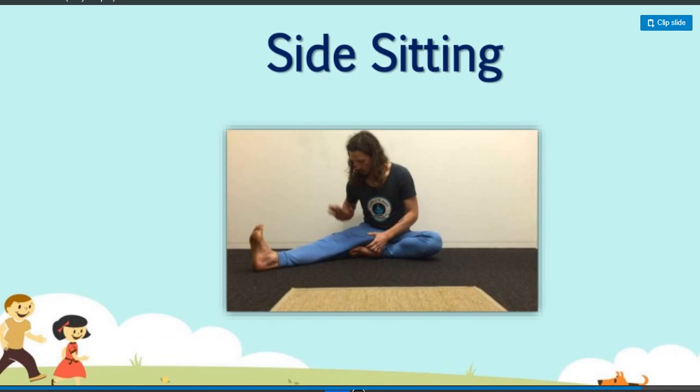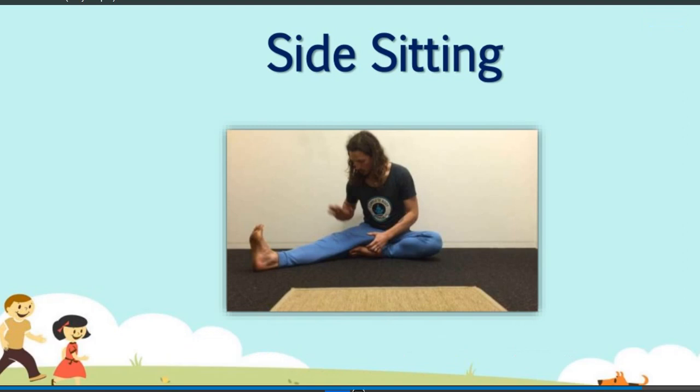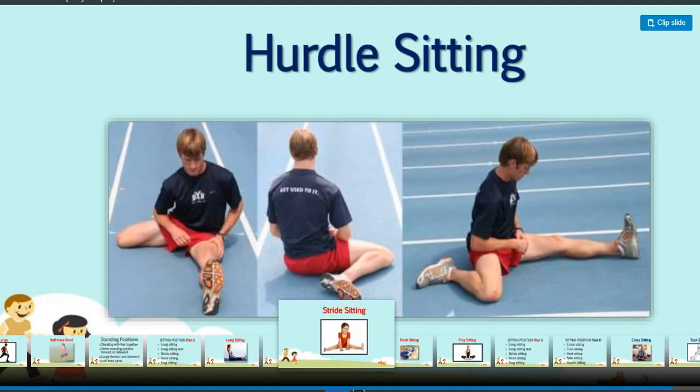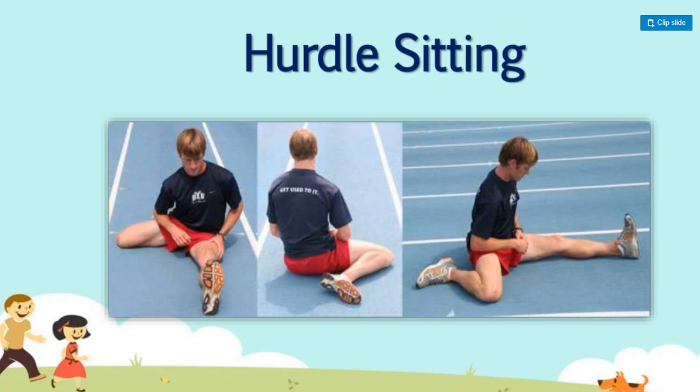Side sitting. In side sitting, it is very similar to stride sitting, but the only difference is that one of your legs is bent while the other one is straight. Next is the hurdle sitting.